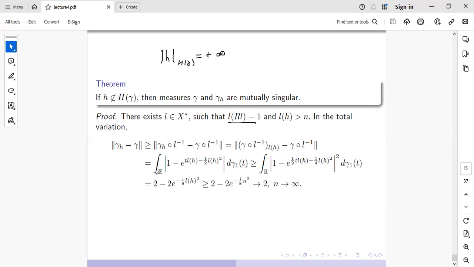Now, this shifted measure is a Gaussian measure on the real line, so it is absolutely continuous. Then the total variation distance will be equal to the integral of the absolute value of the difference of densities, which is |1 - exp(t L(h) - 1/2 L(h)^2)|.